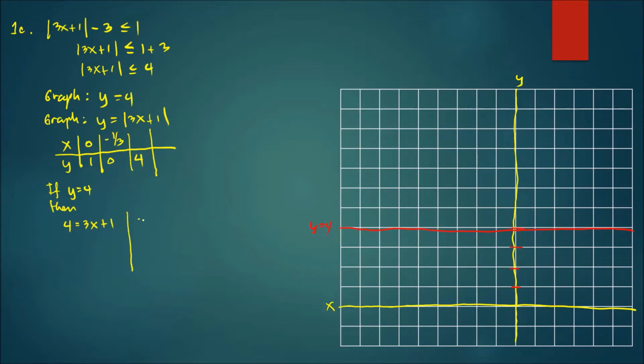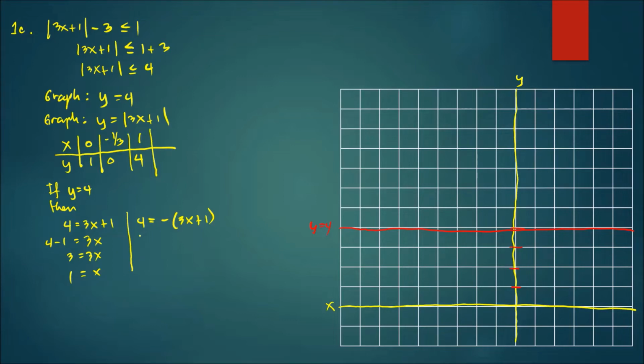And there's another possibility, that is 4 is equal to negative of 3x plus 1. So let's solve for x. Here we have 4 minus 1 is equal to 3x, or 3 is equal to 3x, or x is equal to 1. So this is our first point, (1, 4).